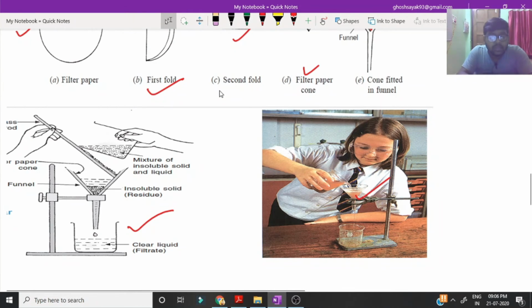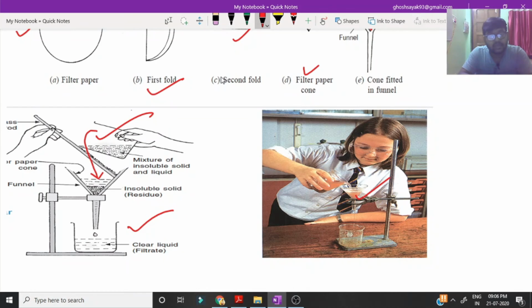You can see what we do, we just take the mixture and keep it inside the filter paper, and obviously the mixture gets separated.